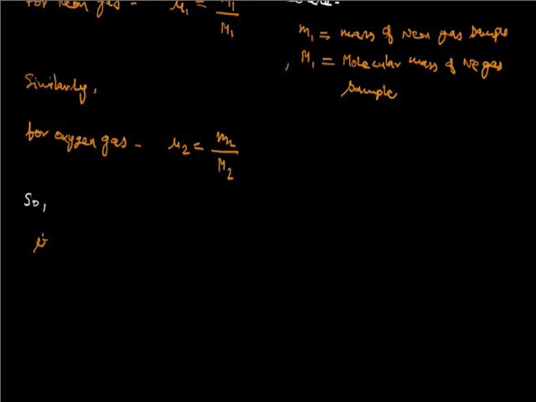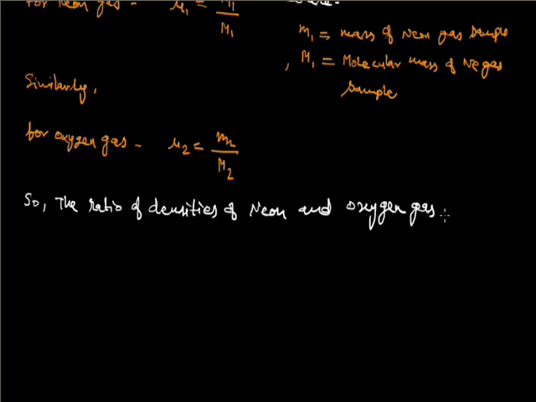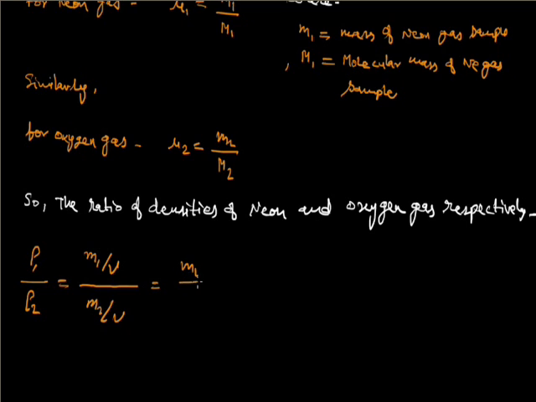So the ratio of the densities of neon and oxygen gas respectively, rho1 upon rho2, equals small m1 divided by the volume of neon gas and small m2, the mass of the oxygen gas sample, divided by the volume of the oxygen gas sample, which we can get further as the ratio of small m1 to small m2.